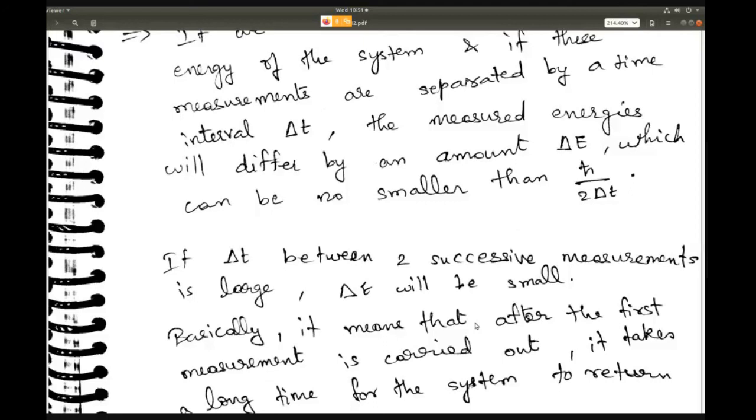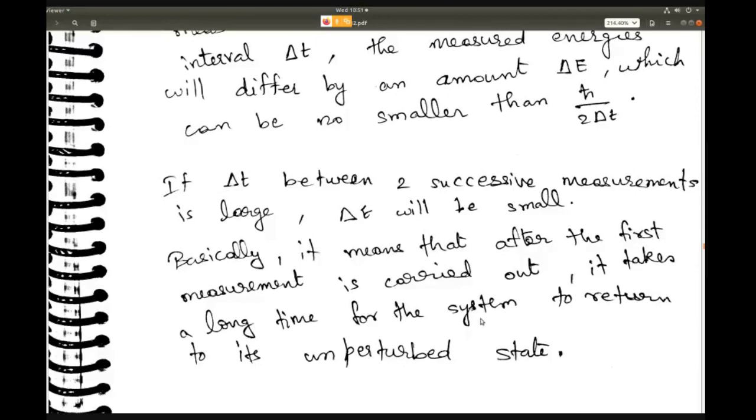If the system is perturbed and in the same perturbed system you make another measurement within a short span of time, then the system did not have enough time to go back to its unperturbed state, and so the accuracy of the energy becomes questionable. So if delta t between two successive measurements is large, delta E will be small. Basically, it means that after the first measurement is carried out, it takes a long time for the system to return to its unperturbed state.